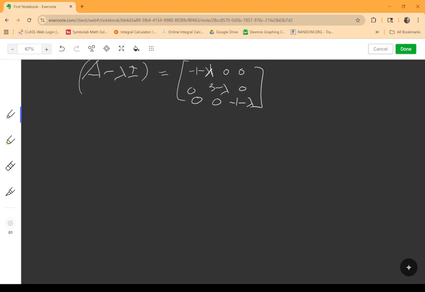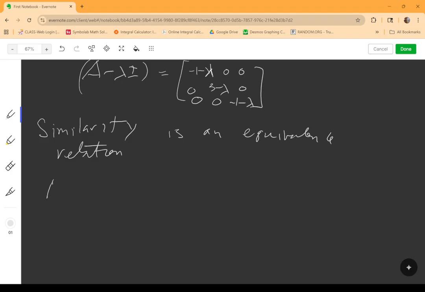It turns out that similarity is what's known as an equivalence relation. What that means is that it is reflexive, so A is similar to itself.